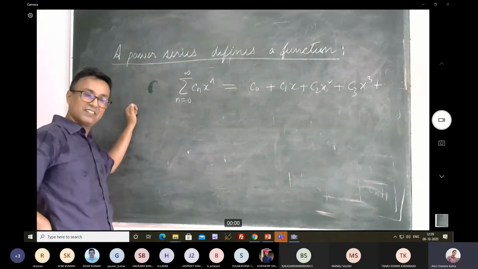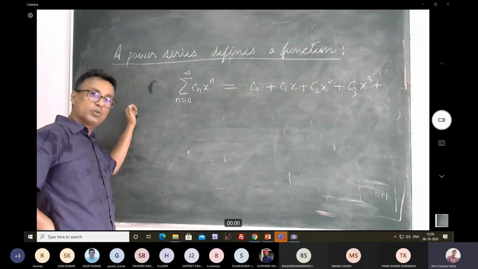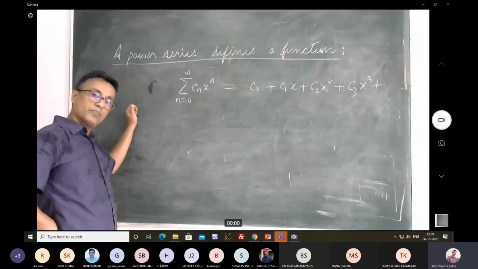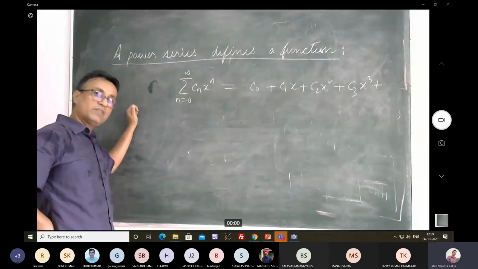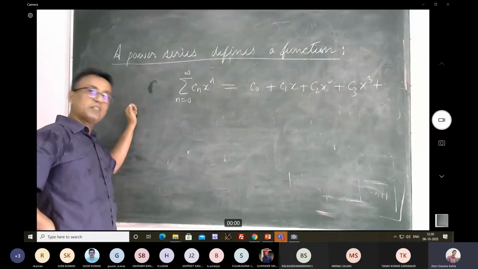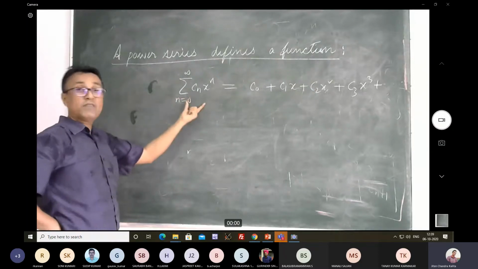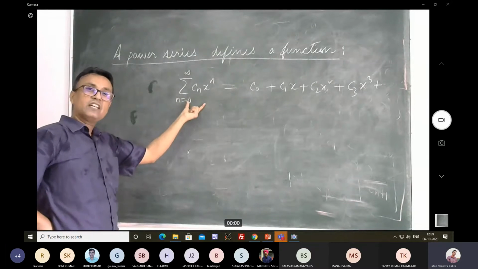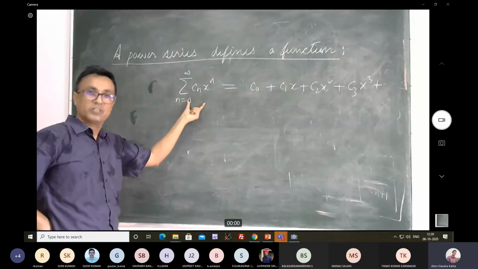It is nothing but a polynomial, right? So similarly, we will be able to do term by term integration also. So there is a possibility that this infinite series exactly behaves like a continuously differentiable function.